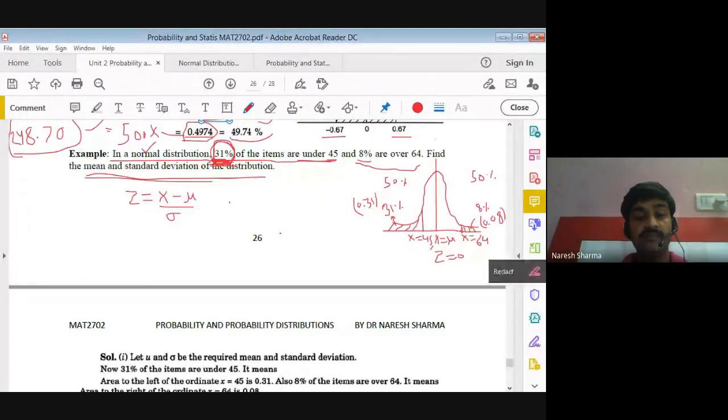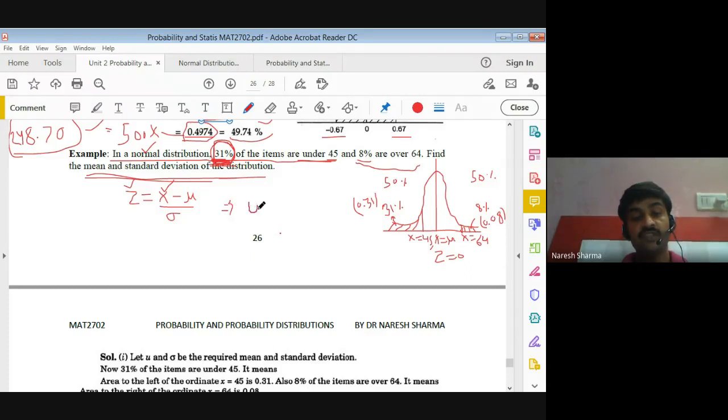Another thing, we have one value x is 45 given to us, and another x is 64. If we know the value of z at the same point, we get an equation with two unknowns like this one.